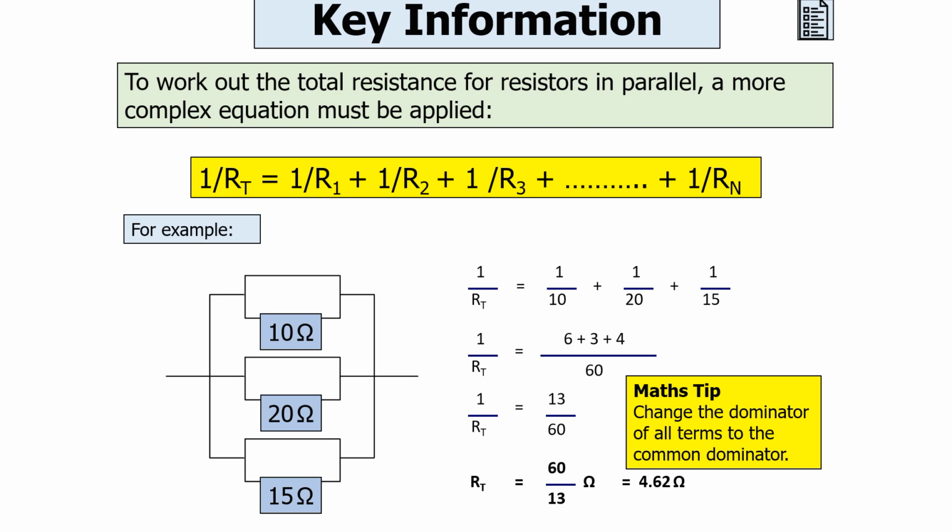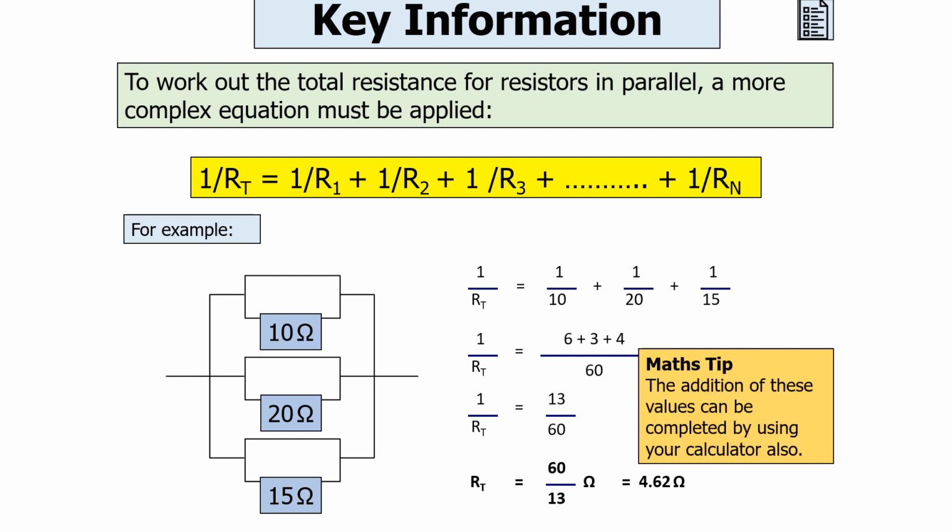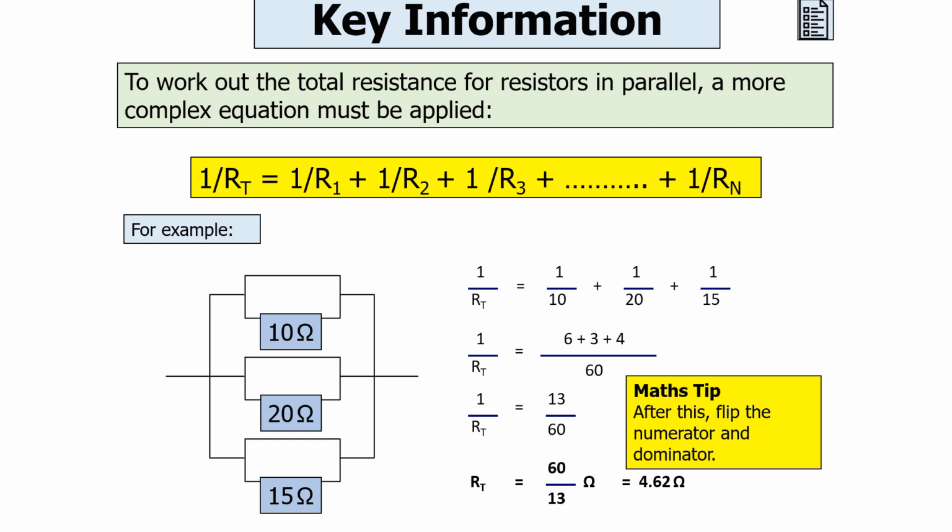You would then add the numerators while keeping the denominator the same, so it will be 13 over 60. You can do this by calculator if you want to. After that you would flip the numerator and the denominator, so it becomes 60 over 13, which is 4.62 ohms. Again, using our logic check, that overall value is smaller than any single individual resistor.